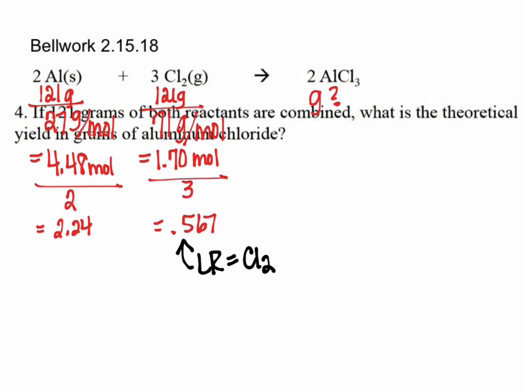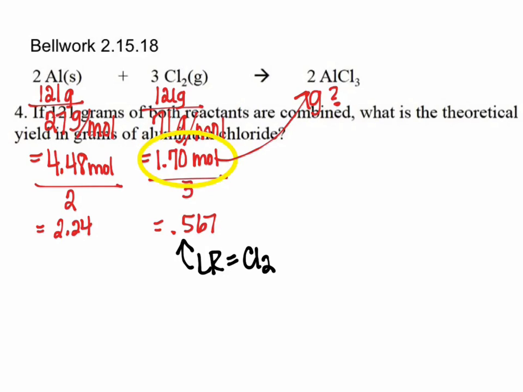So once I've done that, I've found which one is going to limit us. We need to see how much of this we can make. So we go back to right up here where we converted it to moles. And we're going to take that and we're going to convert to grams of AlCl3.